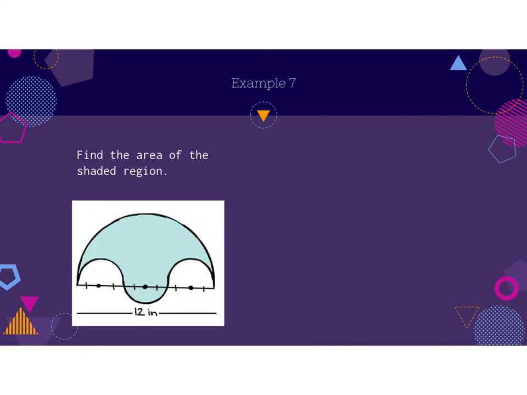All right, last example, example 7. Find the area of the shaded region. We've got a pretty funky shape going on here. We can start by looking, we have this semicircle here. So we can start by finding the area of that big semicircle.